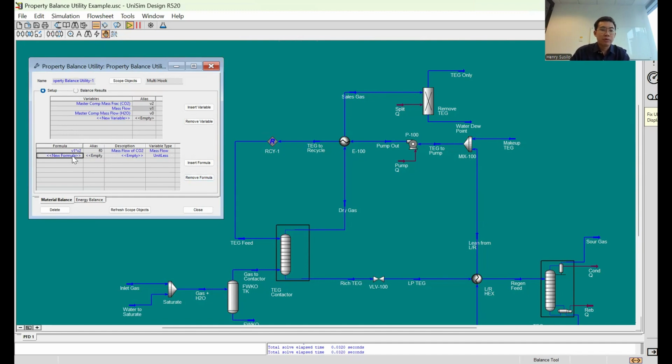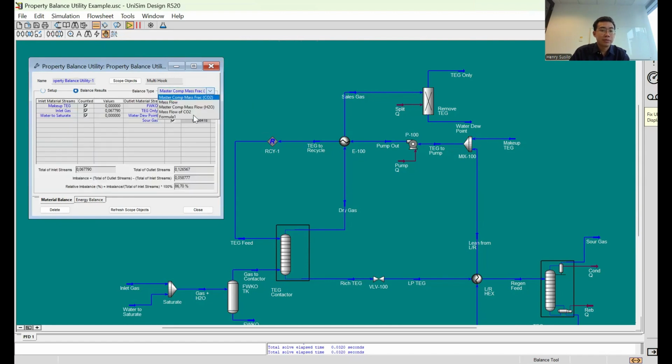For example, here I want to create an arbitrary formula of 0.9 times the result of our first calculation, so 0.9 times F0. Here we will get in the balance result the number like 90% of F0. So this is the F0 and this is the F1.